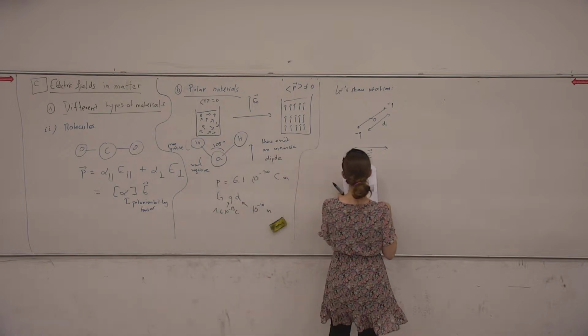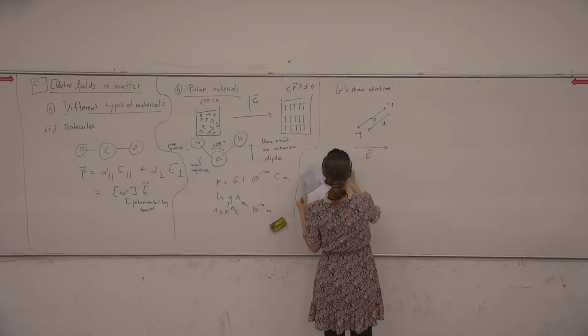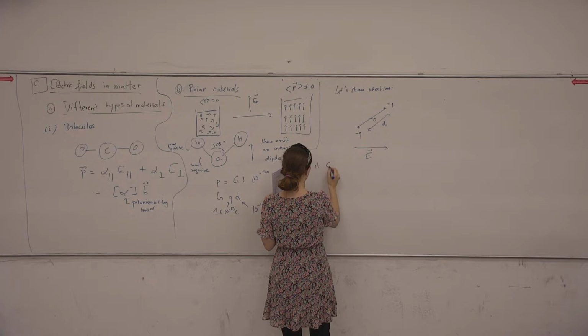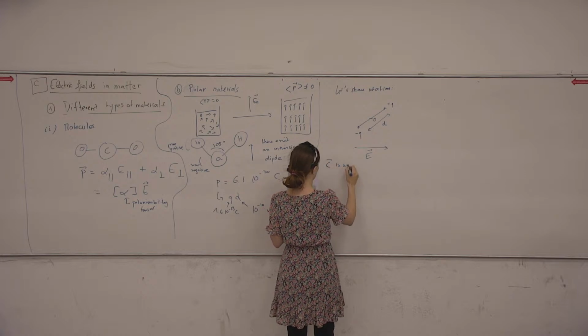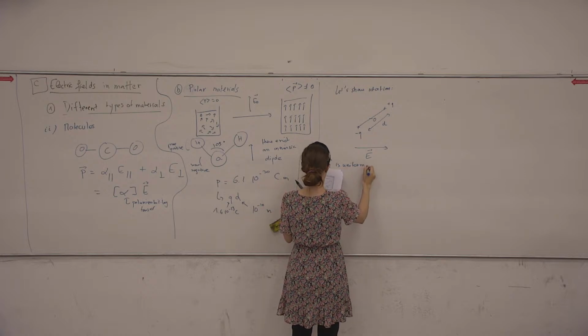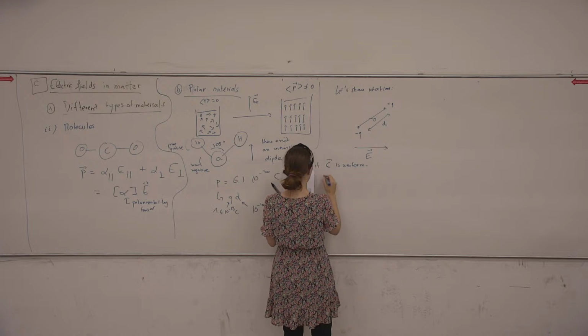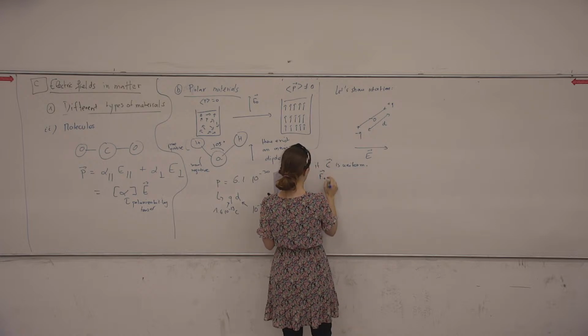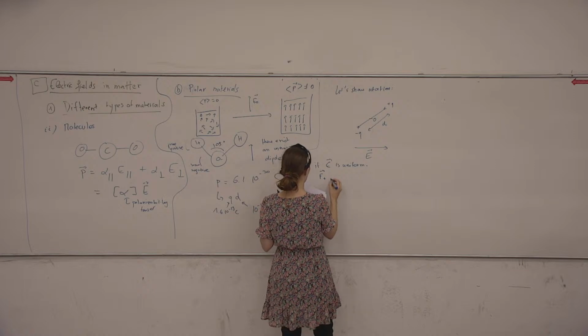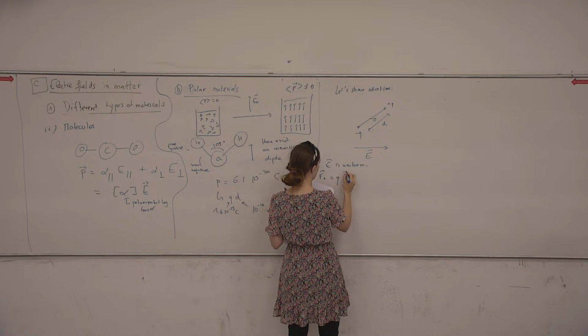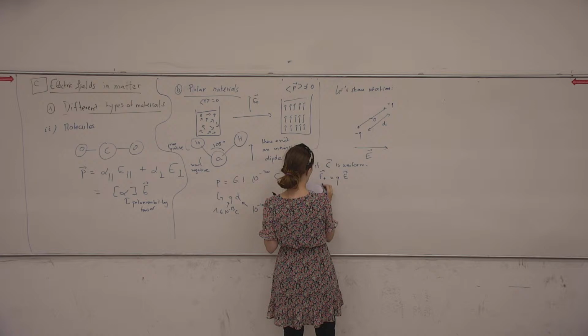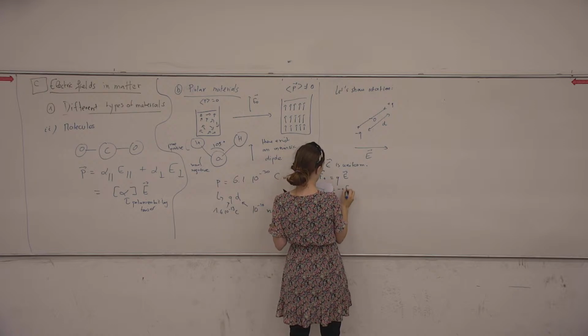If E is uniform, I can write that the force on the positive charge will be equal to QE, and the force on the negative charge will be minus QE.